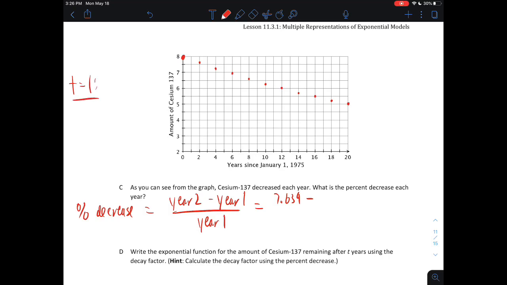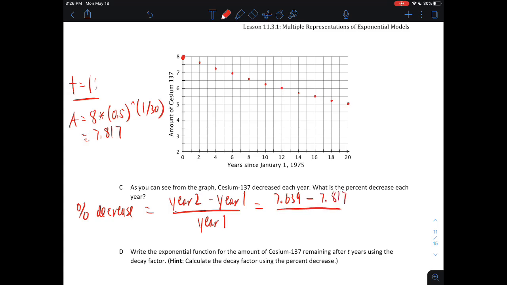We need the year 1 amount, so for t equal to 1, the amount would be A equal to 8 times 0.5 raised to the 1 divided by 30. Plugging that into our calculator, we'll get 7.817. So that becomes the year 1 amount that I'll use in my formula here, 7.817.